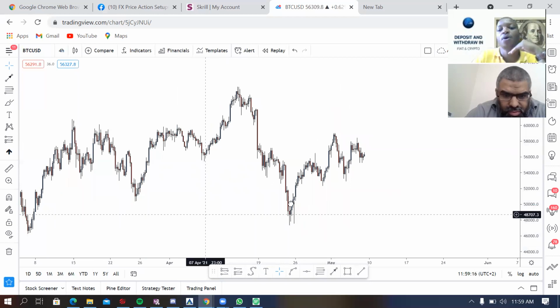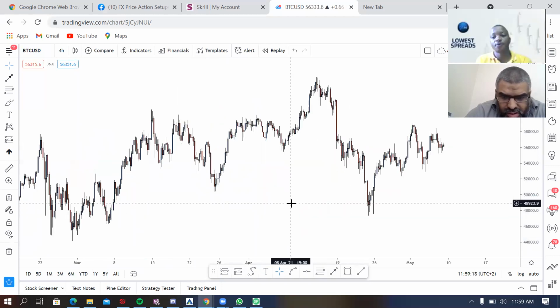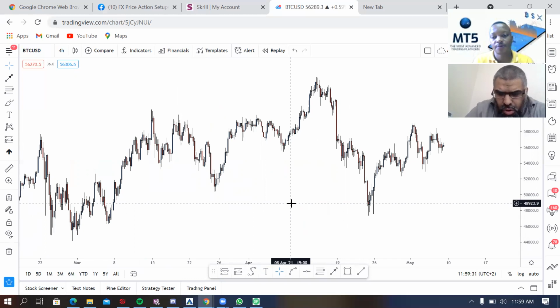Number one, you just have to look at the behavior. When I say the behavior of the market, I'm saying what price is doing at that particular moment. It's making lower highs, isn't it? And making lower lows, isn't it? It's doing exactly like that.